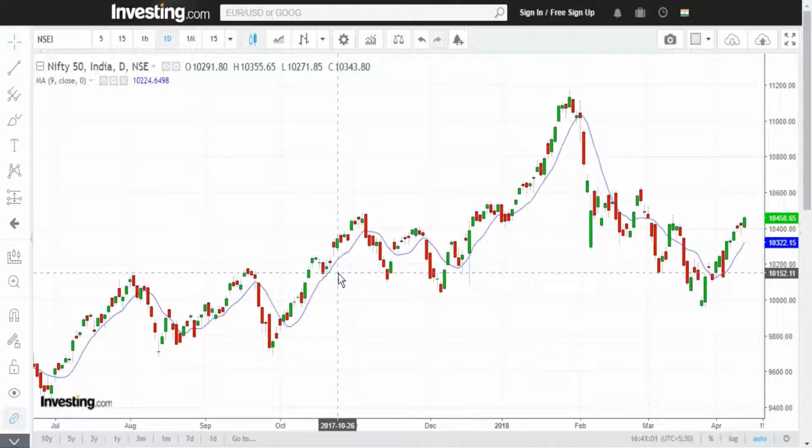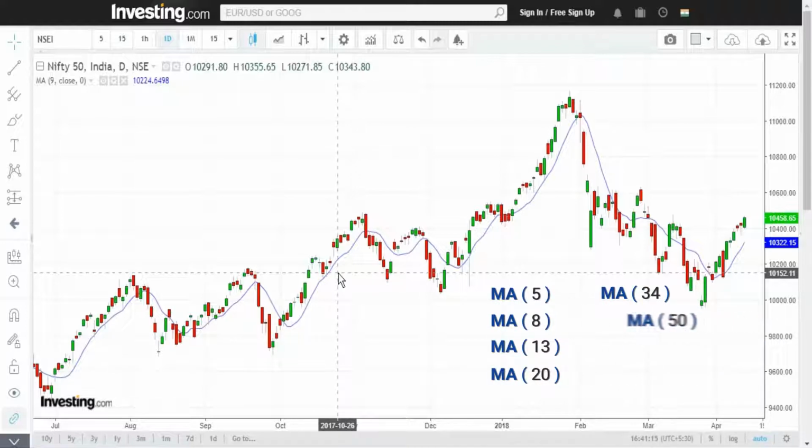The periodicity for which we calculate the moving average varies from very small to quite big also. Generally in the market, 5, 8, 13, 20, 34, 50, 100 and 200 are the most important price periods for which a moving average is calculated.